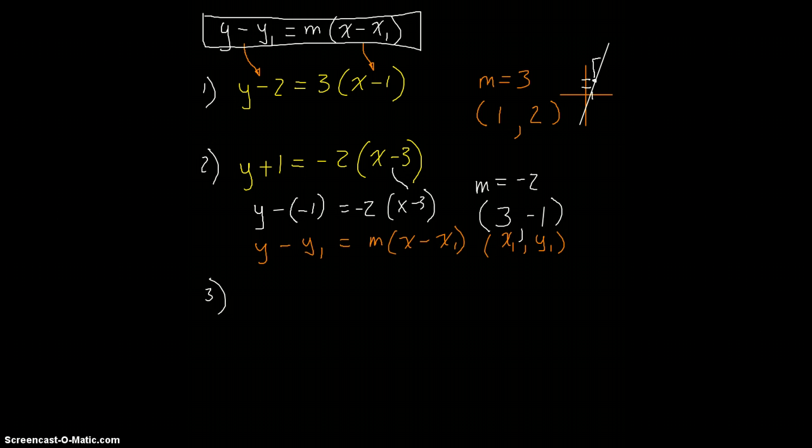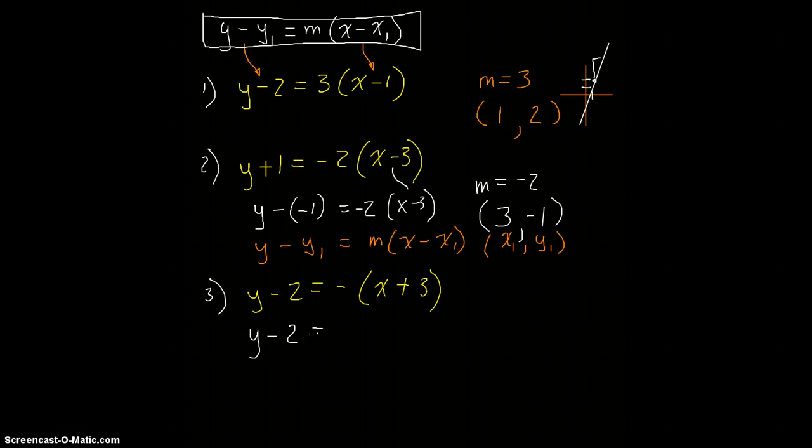Let's try one more. Let's look at y minus 2 is equal to minus x plus 3. I'd like you to pause the video now and come up with the point and the slope for this. Alright, so you have the point and the slope. What I would do is I would rearrange this, x minus 2.